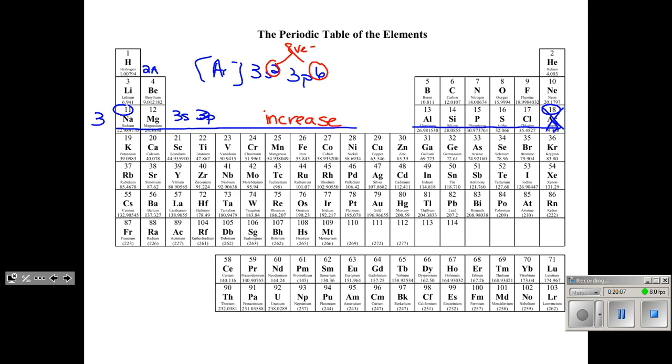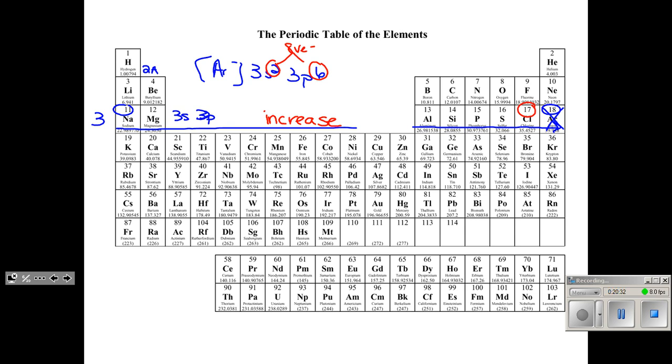There's 17 protons in chlorine versus 11 protons in sodium. The things that are not changing are the electron's distance from the nucleus. I mean, it changes slightly if you consider size. It gets slightly smaller. And the other thing that's really not changing is shielding effect.